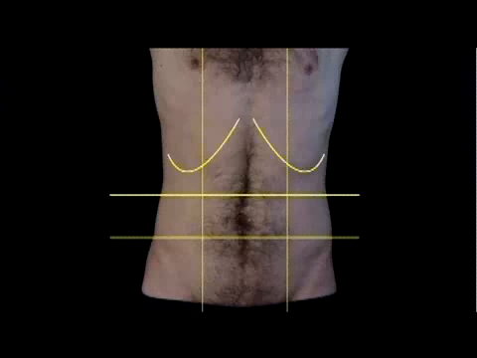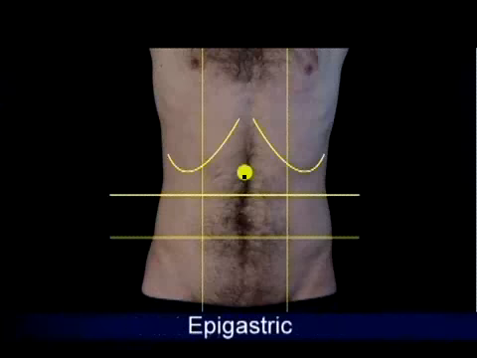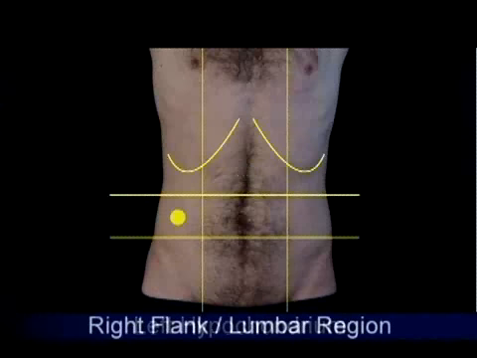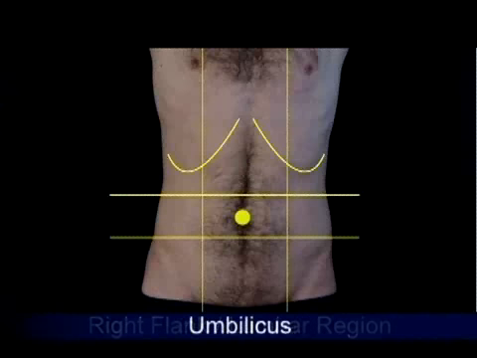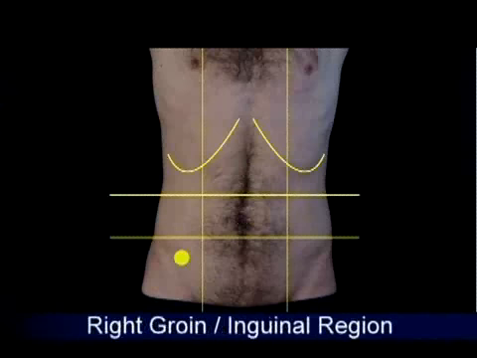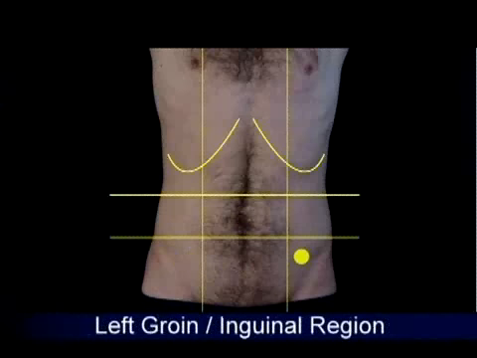The regions are called the right hypochondrium, epigastric, left hypochondrium, right lumbar, umbilicus, left lumbar, right groin, suprapubic, left groin.